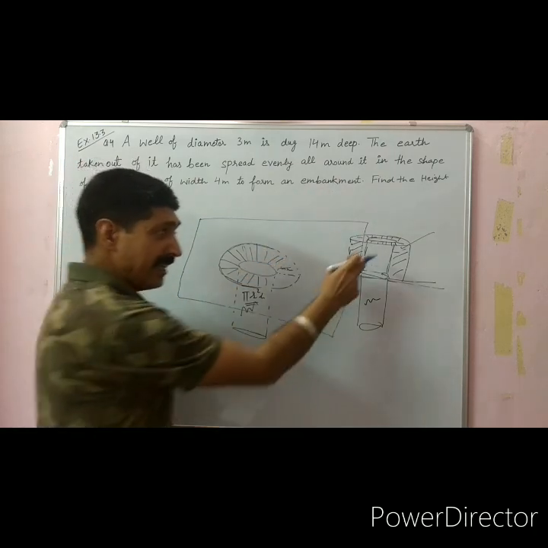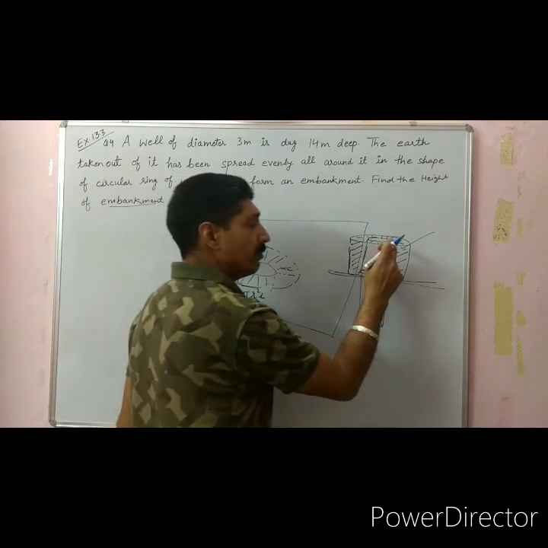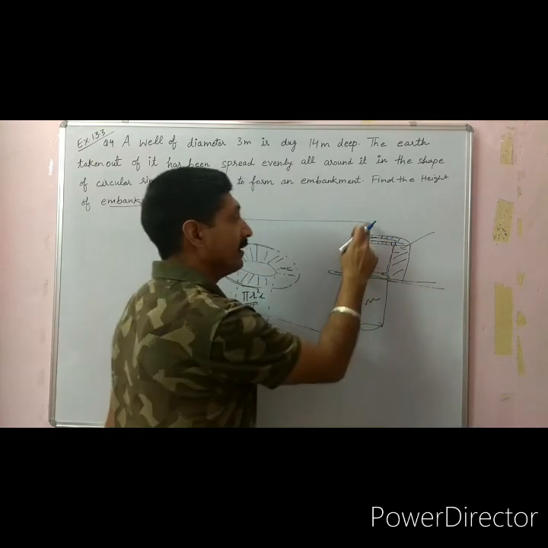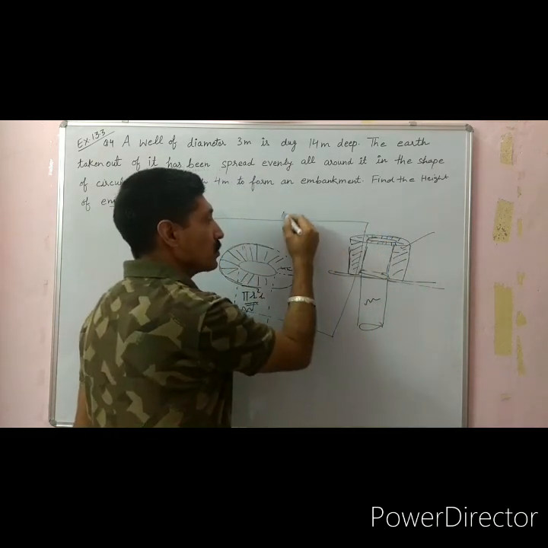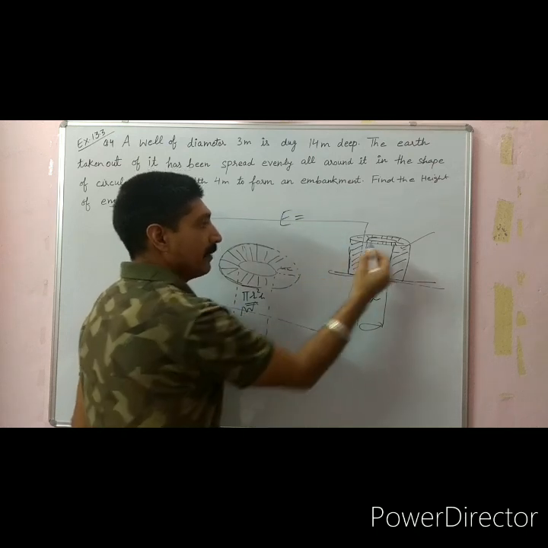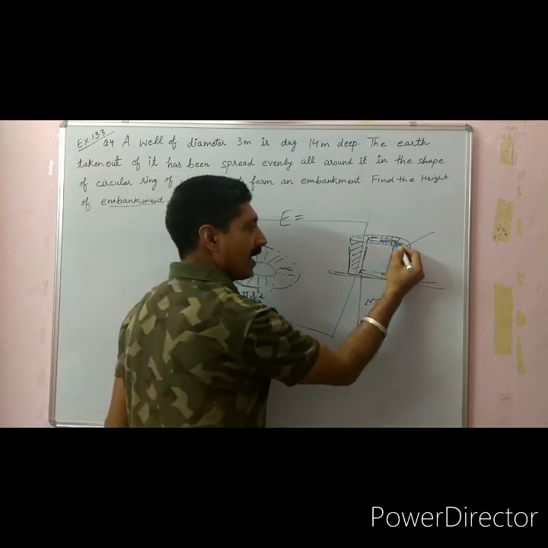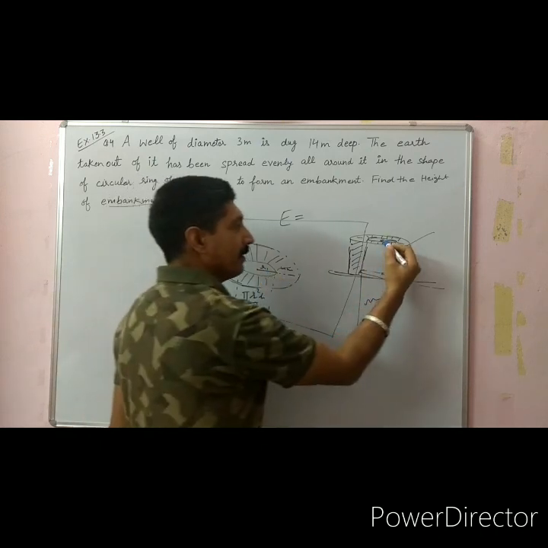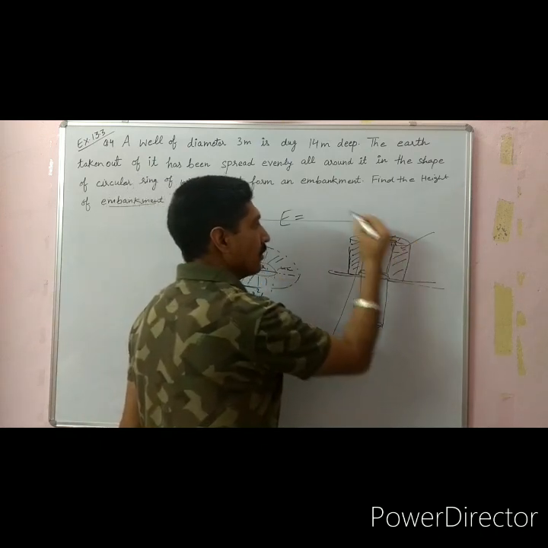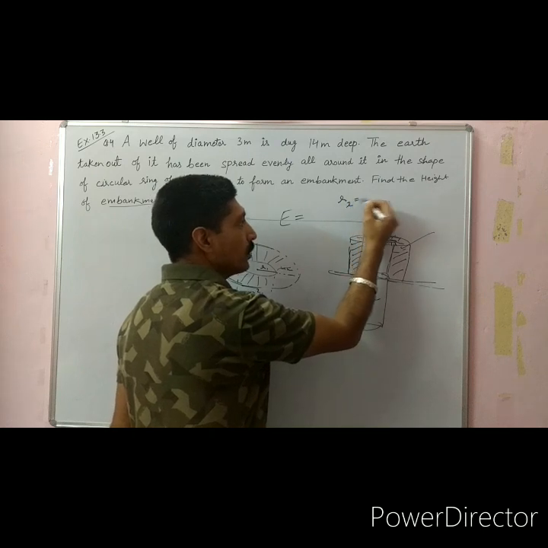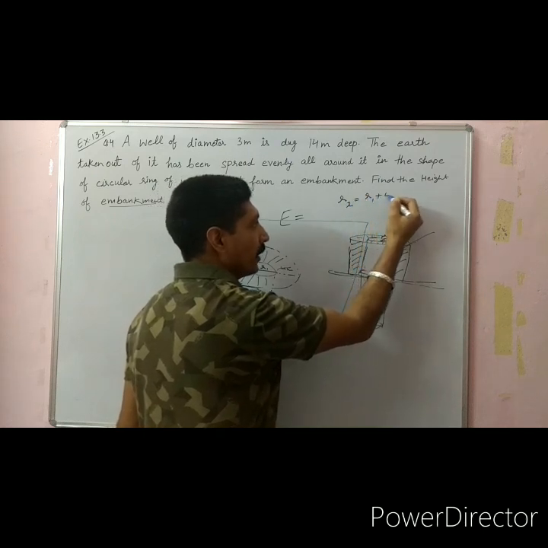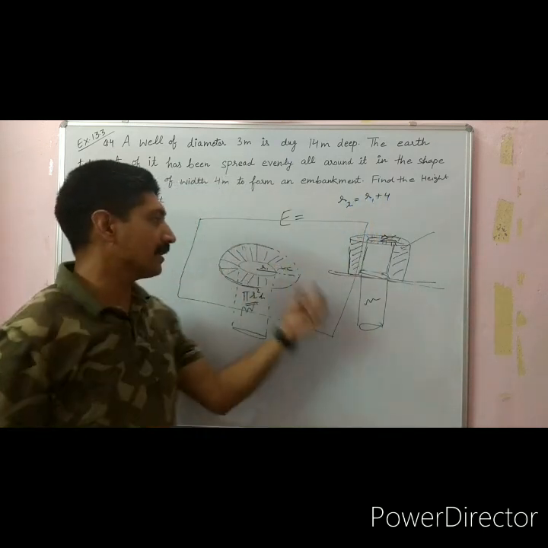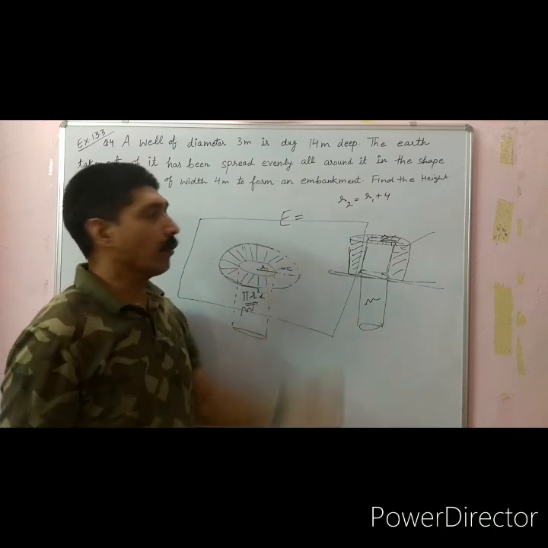So it is also very important to know how to find the volume of the embankment. Here we have two radii, r1, the smaller one, and r2. We know r2 is r1 plus 4, because the width of the ring is 4 meter.